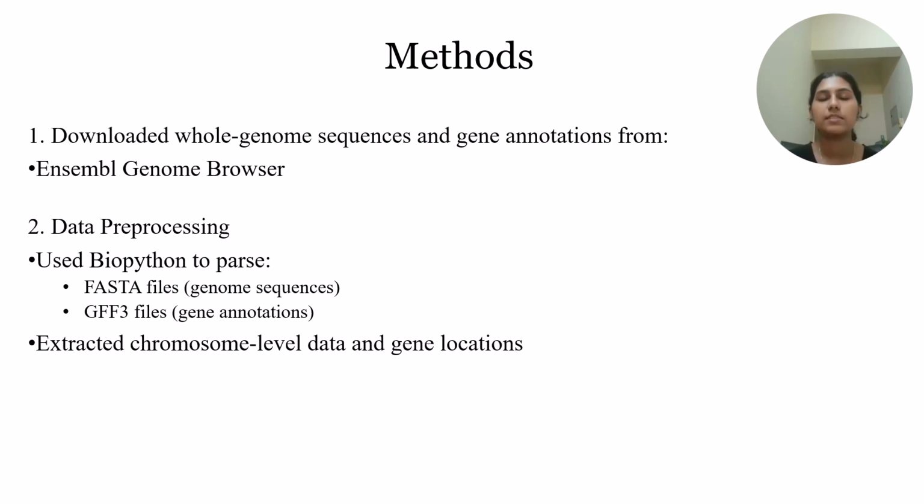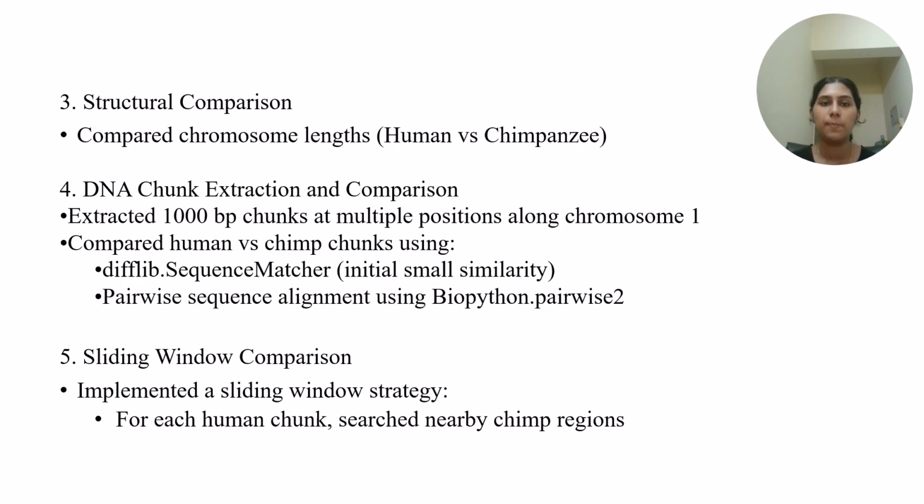Methods. First, dataset collection: I downloaded genome sequences for human and chimpanzee from Ensembl, the genome data as FASTA files, and the gene annotation in GFF3 format. Then we did the structural comparison.